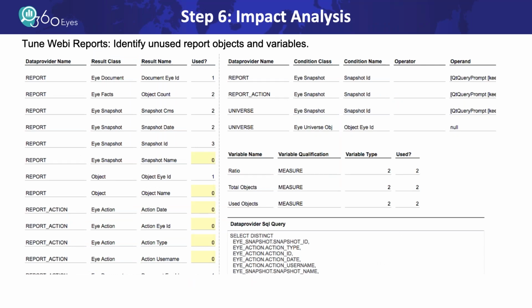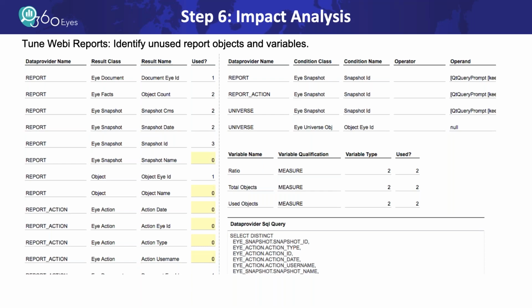And then how do we find what is going to impact and how those are being used, so we can plan an attack to mitigate any sort of reports that aren't going to be working or giving correct data?